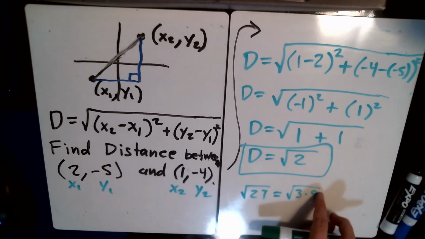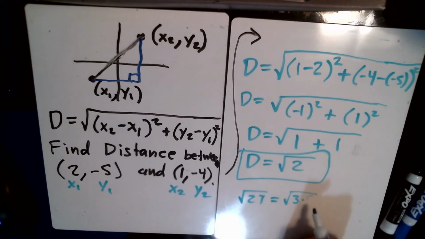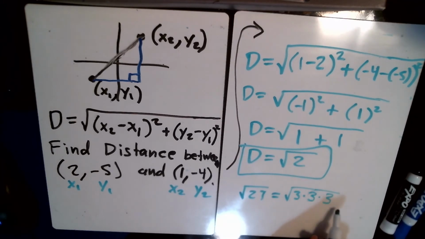And then what goes into 9? We've got 3 and 3. So 27 is 3 3s. So are there any perfect squares in there? Yeah, there's a 3 squared and a 3. So you could take out 3 square roots of 3.